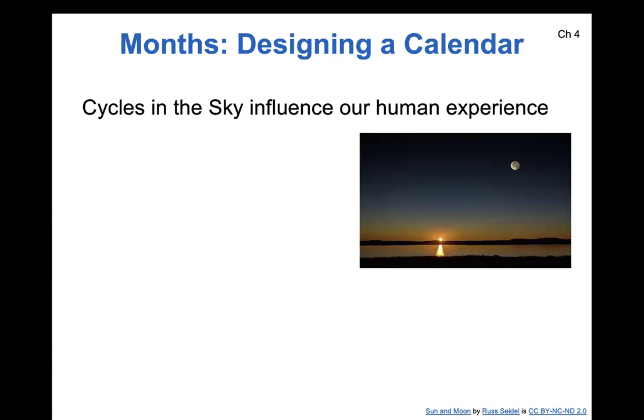So if you recall, I briefly mentioned the difference between the month as we know it in terms of the phases and the month as an astronomer also knows it, which is the actual orbit of the moon around Earth, and how the orbit of the moon around Earth takes less time than the full cycle of phases, because the moon needs to orbit a little bit more to get back to the same orientation between Earth and the moon, because the Earth has moved through its own orbit in the time that the moon has been orbiting Earth.